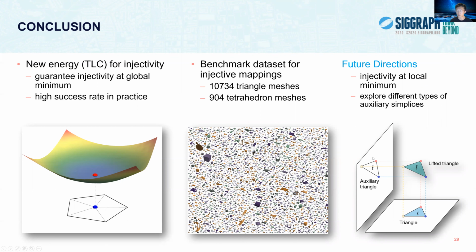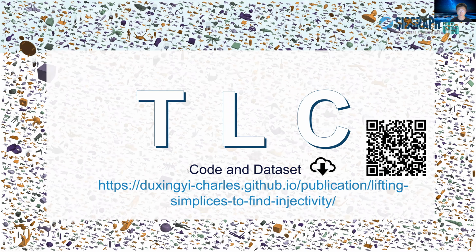Currently, we are only using equilateral ones, but there are a lot of other choices. We would like to see if different choices of auxiliary simplices can change the ability of TLC energy to find injective mappings.